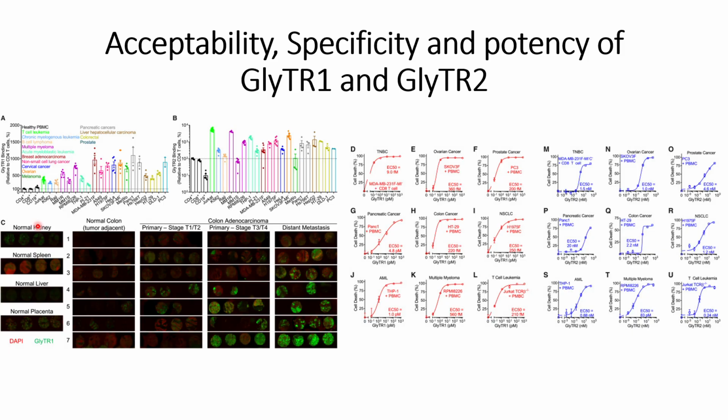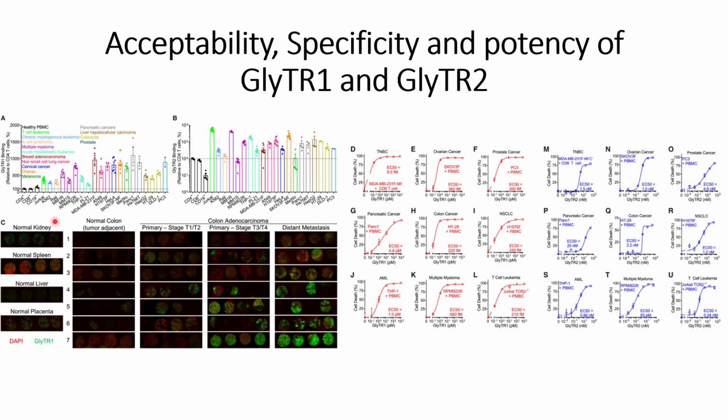And thereafter, what they did is they checked the GlyTR1 binding. Panel C results are for the GlyTR1 binding on different tissue microarrays. So first they checked it on normal kidney, normal spleen, normal liver, and normal placenta.